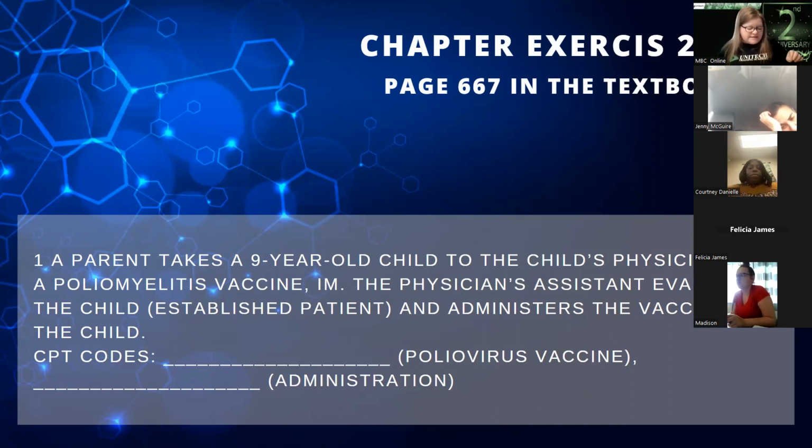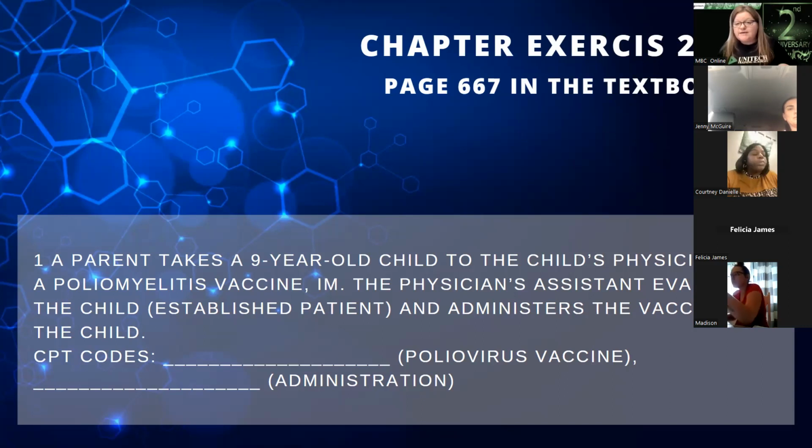Okay, and then 90471 is your immunization administration, and they give you several different routes or methods of giving it: intramuscular injection, subcutaneous, one vaccine, single or combined.